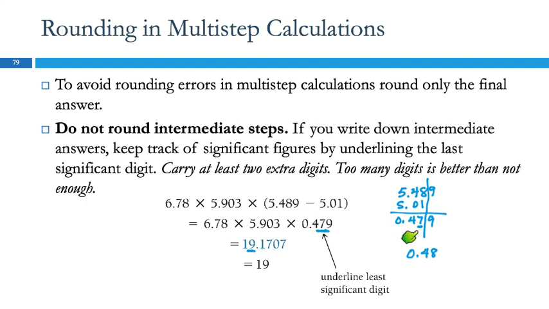Well, rounding this from 0.479 to 0.48 might cause a difference in my final answer, so I don't want to do that yet. But when I'm doing the multiplication now, I'm looking at this number, 3 sig figs, this number, 4 sig figs, and this guy, the 9 is in there, but it's not a sig fig, that's 2.